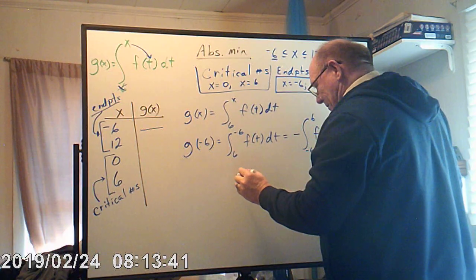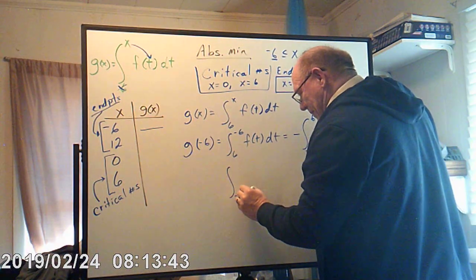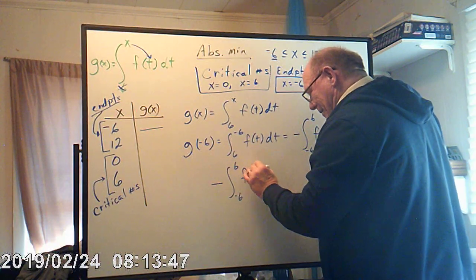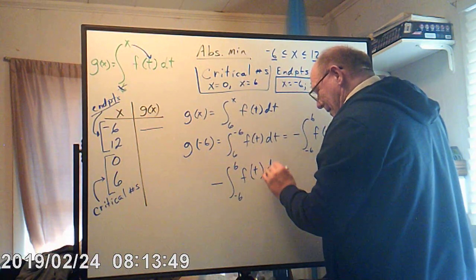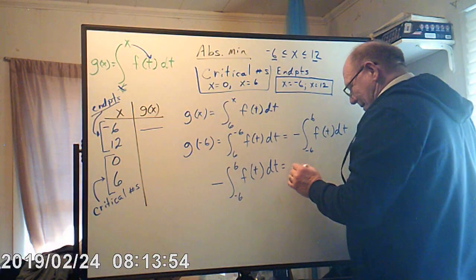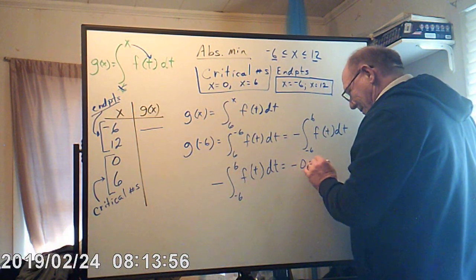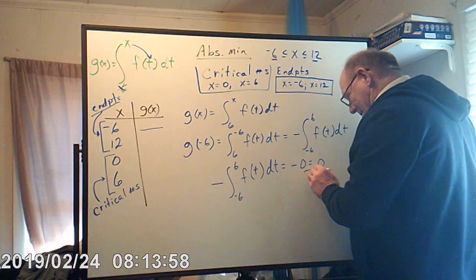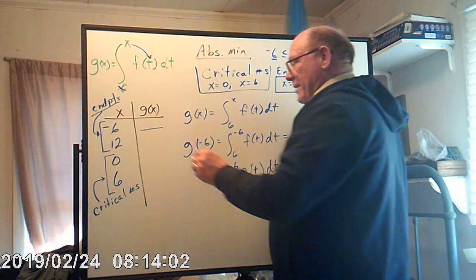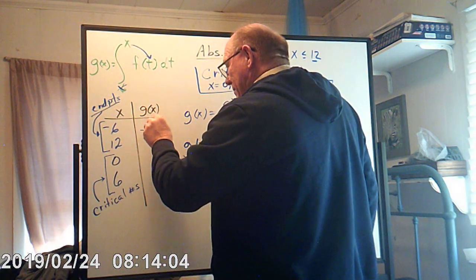This is equal to, alright, negative 6, negative f of t dt. Well, we don't have to worry about the negative sign. This is negative 0, which we might as well just say is 0. This answer right here is 0.